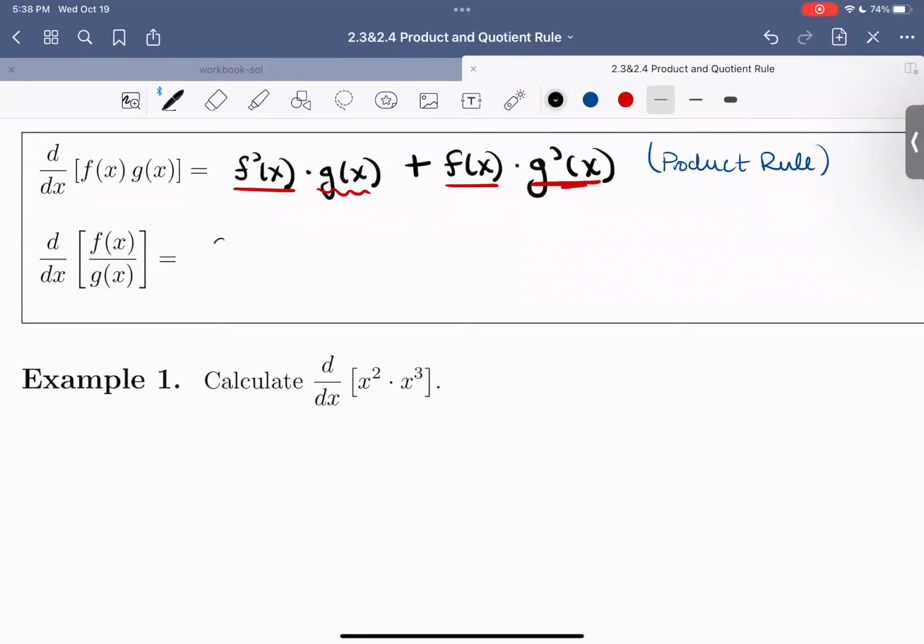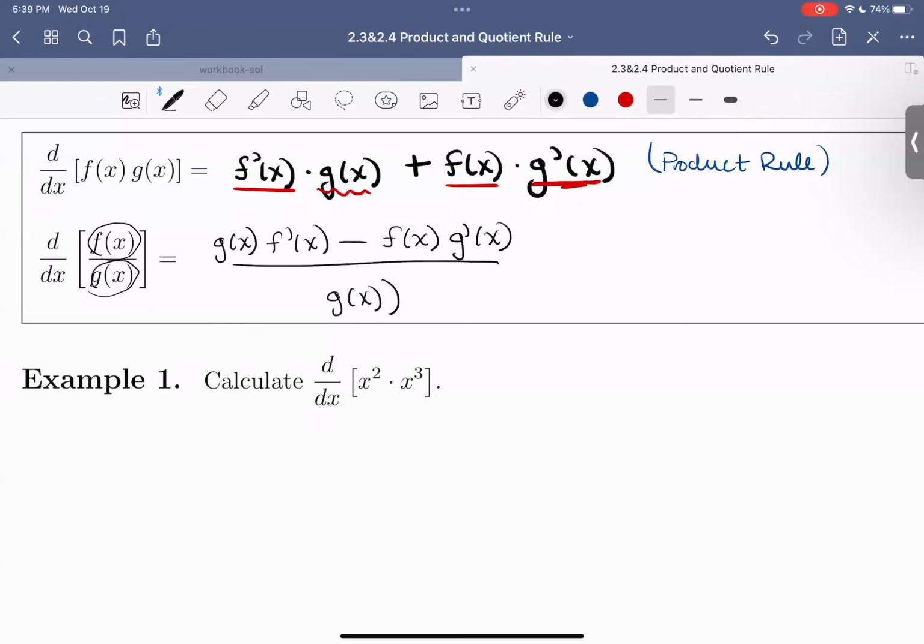We take g of x times f prime of x, so the denominator function times the derivative of the top, minus the numerator function f times the derivative of the denominator, all over g of x squared.